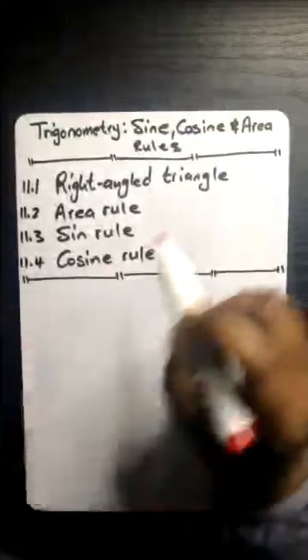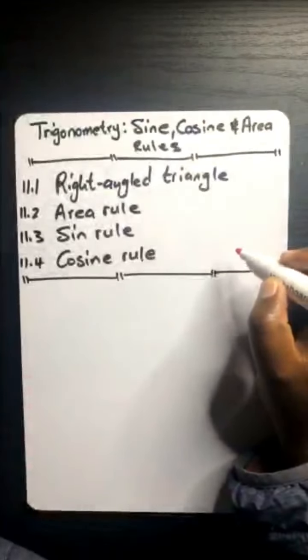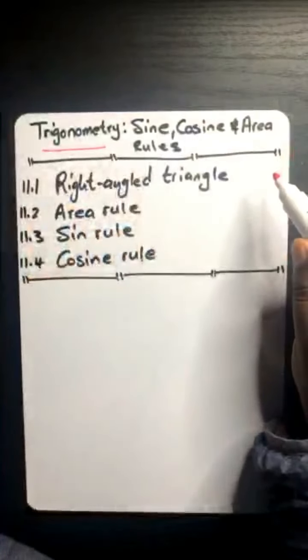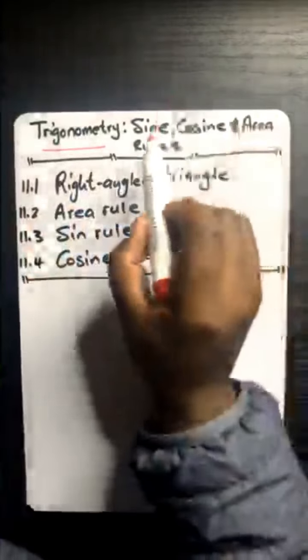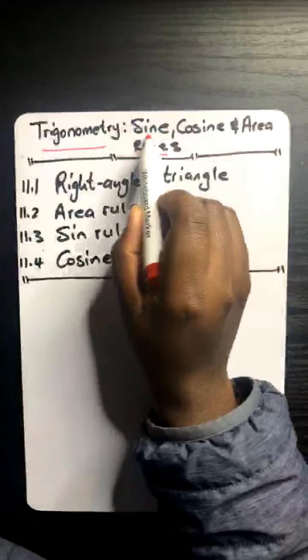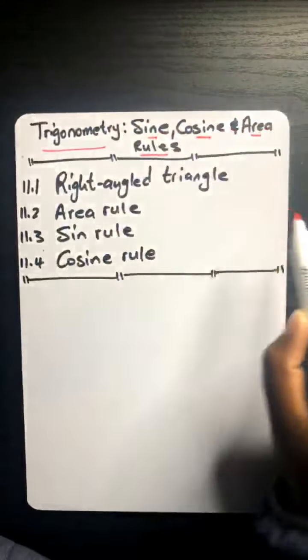Okay, so ladies and gentlemen, in today's lesson I'm going to take you through trigonometry, which is part of paper 2 of your mathematics. I want to take you through the rules, namely the sine, the cosine, and the area rule.